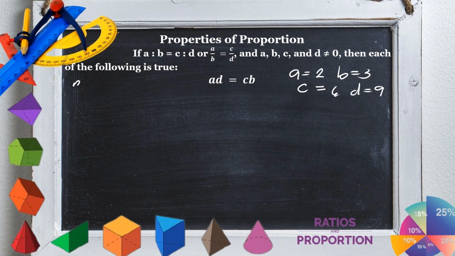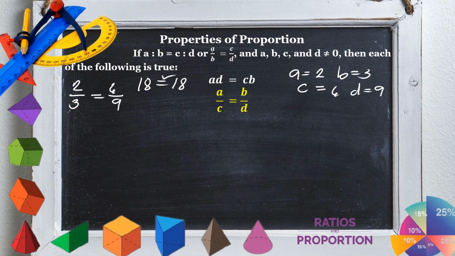We know that it is proportional, that 2 is to 3 is equal to 6 is to 9. By cross multiplication, 2 times 9 is 18, then 6 times 3 is also equal to 18. So it is equal when we cross multiply these two values. That is cross multiplication.